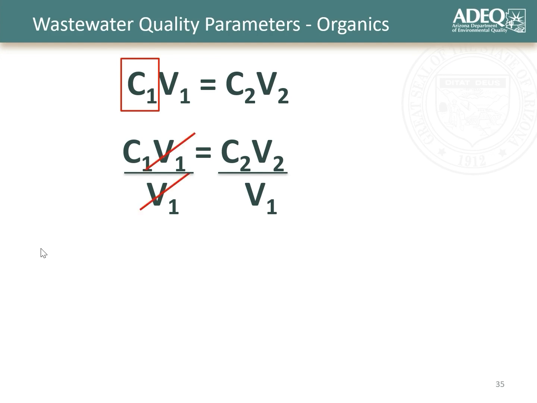So effectively, that goes away. On the opposite side, we've moved V1 to the other side. So C1 is equal to C2 times V2 divided by V1. If we want to solve for the initial concentration, in which we know the final concentration, final volume, and the initial volume, we can use this equation to do that.